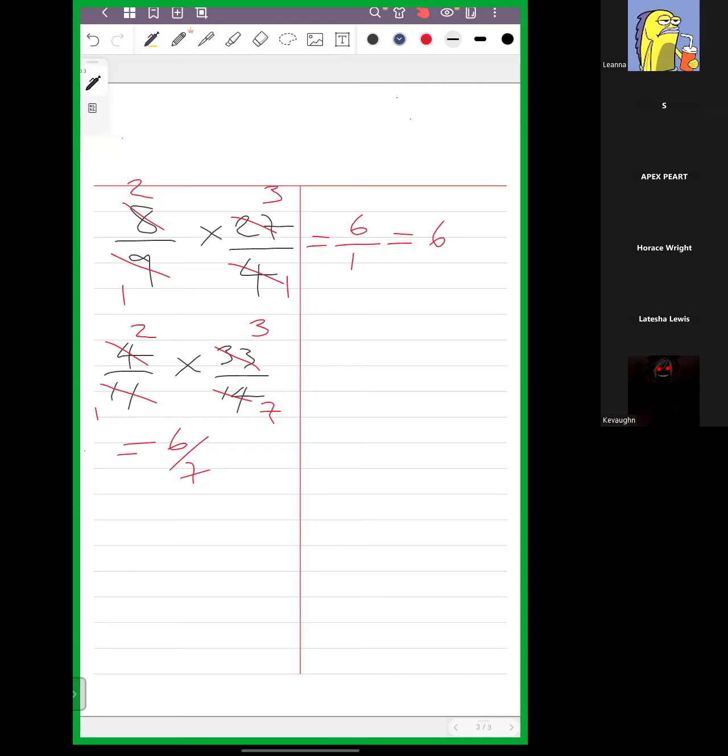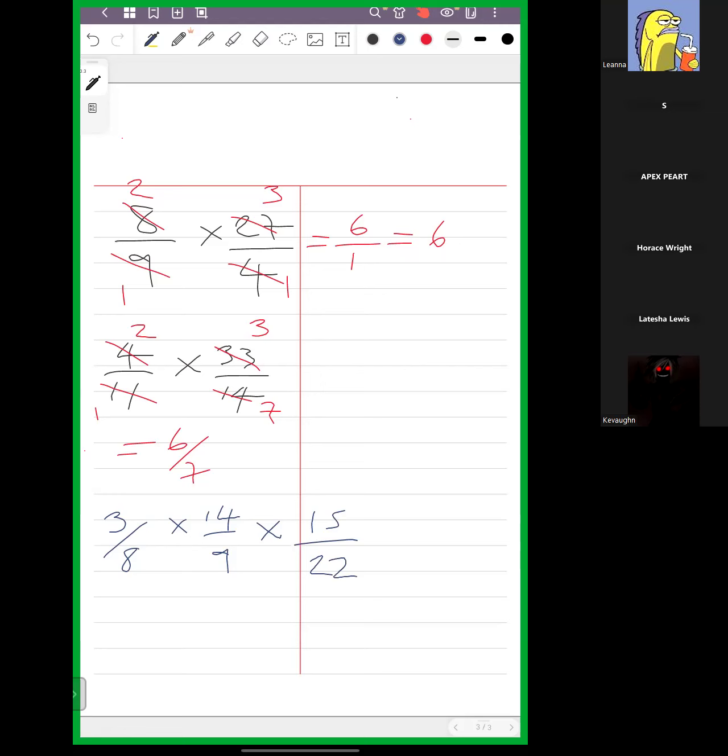Let's say we end up with 3/8 multiplied by 14/9 multiplied by 15/22. All right, so 3/8 multiplied by 14/9 multiplied by 15/22.